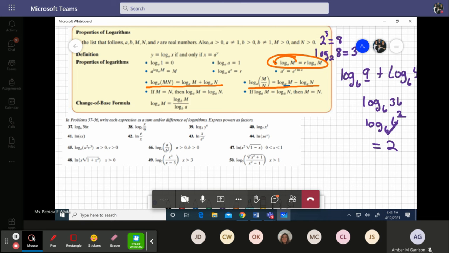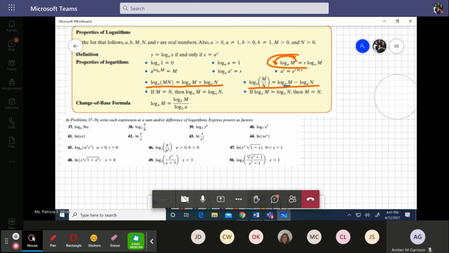So starting with problem 37, if I break that down, I have log base 6 of 36 plus log base 6 of x, right? 36 times x.